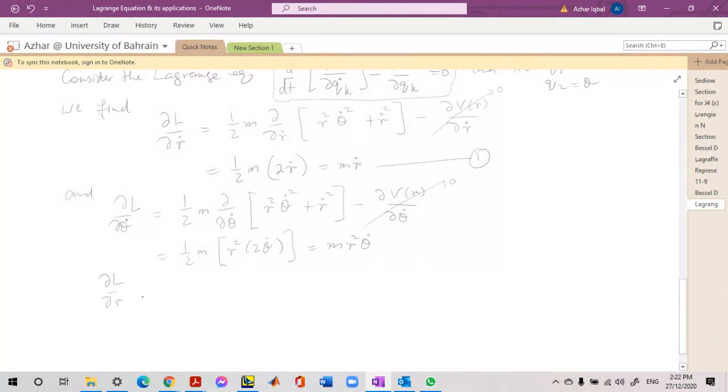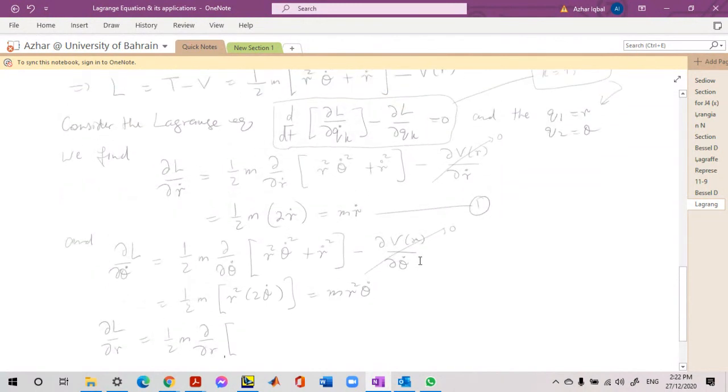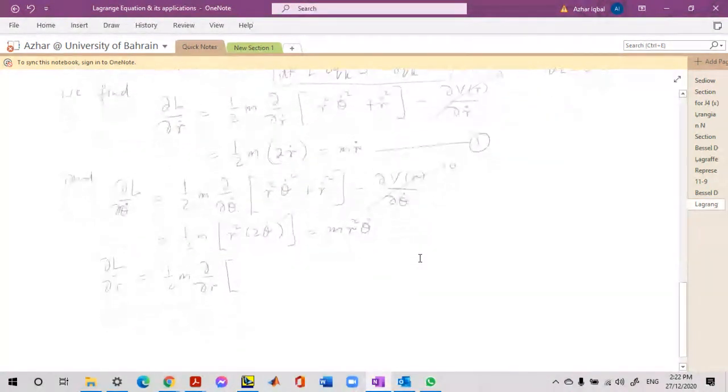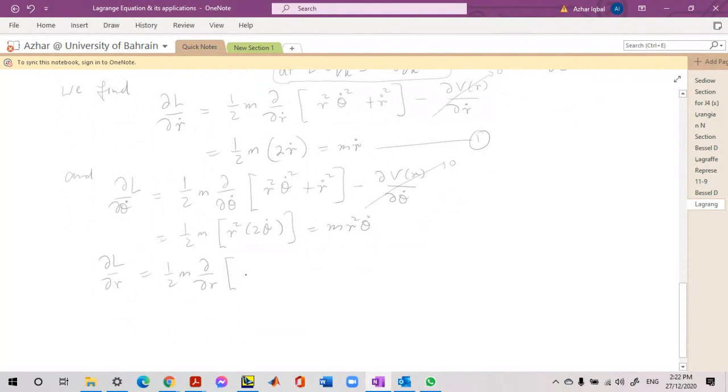Partial L over partial r can be evaluated by 1 over 2 m partial over partial r of L as before, r square theta dot square plus r dot square, minus partial V of r over partial r.